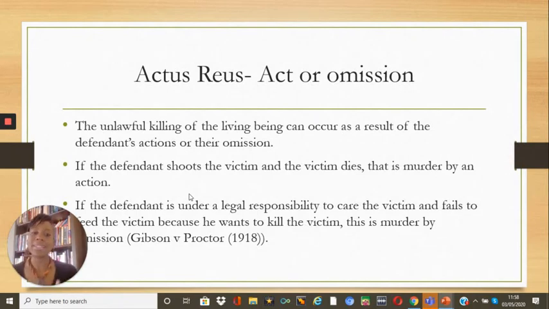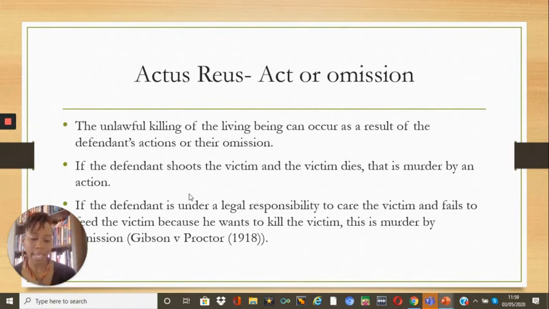Now, how about when you have a situation in which someone takes on a responsibility and they now have a legal responsibility to care for a victim and they fail to care for that victim and it leads to the death of the victim? This is an example of murder by omission. So we have this case of Gibson and Proctor, in which a mother and father, I think one was a step parent, but nevertheless, they were legally responsible for a child in question, and the child had not been looked after, the child had not been fed, and the child ended up dying.